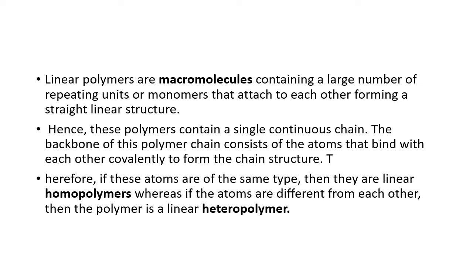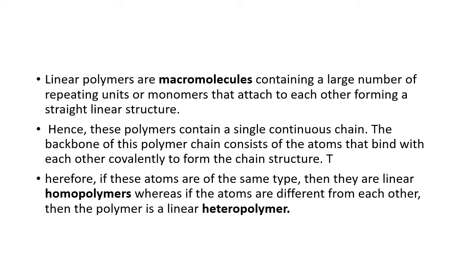These linear polymers are macromolecules containing a large number of repeating units or monomers that attach to each other, forming a straight linear structure that you know. Hence, these polymers contain a single continuous chain, and the backbone of this polymer chain consists of the atoms that bind with each other covalently to form the chain structure.